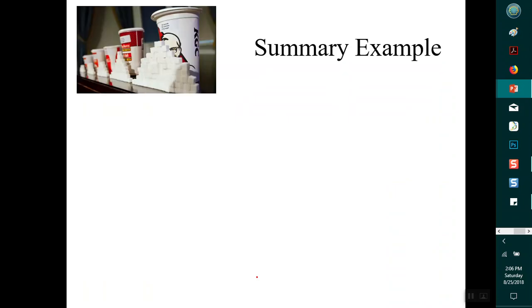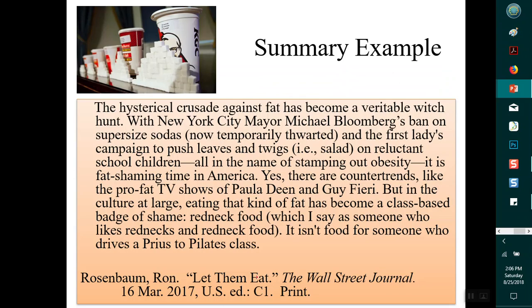Here's our summary example. So these are from a couple years ago. New York City had a ban on certain sizes of soft drinks. That picture is showing you how much sugar is in each size of soft drink. So this is the entire first paragraph of this guy's essay.